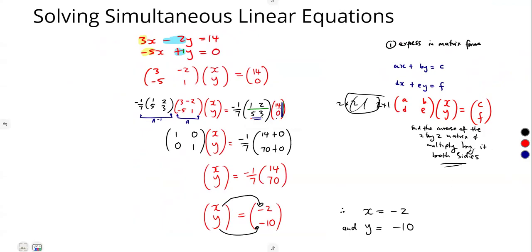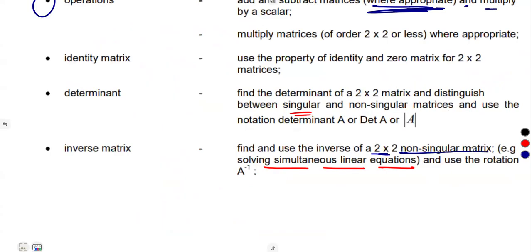If not in that manner, please rearrange your equations. So that is basically what you're going to have as part of matrices. This is the last part that we're going to have on our matrices, which is the use of the inverse matrix in solving simultaneous linear equations.